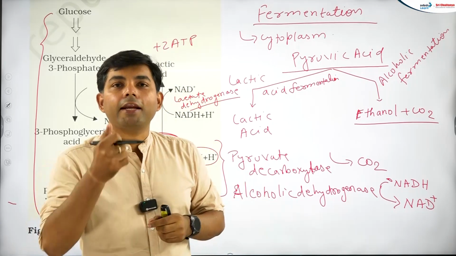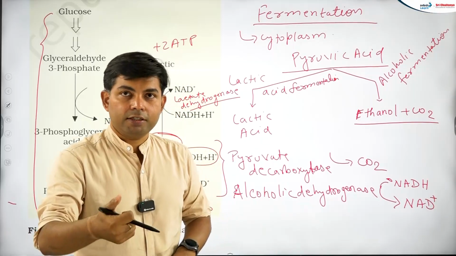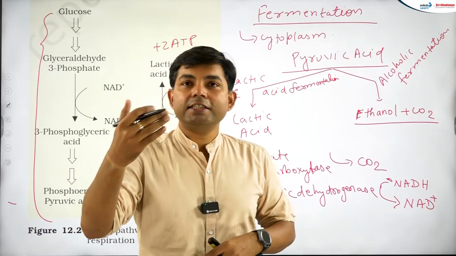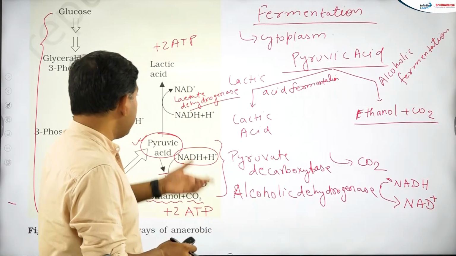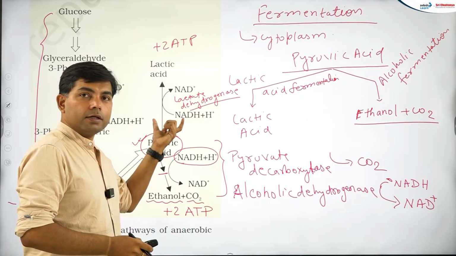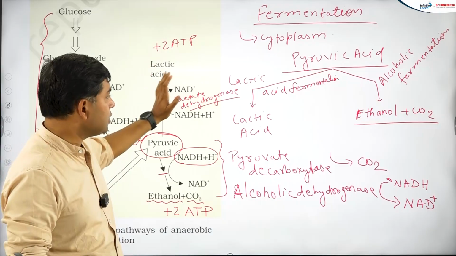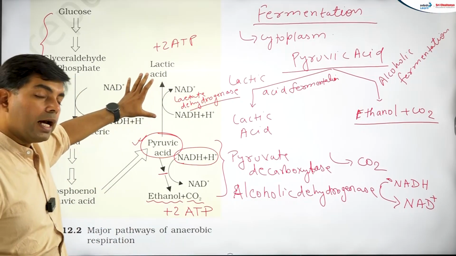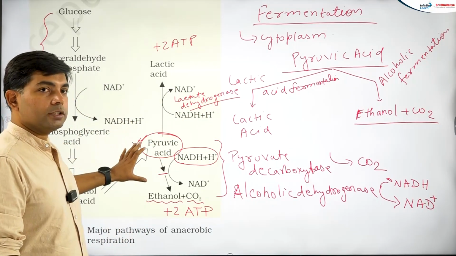That's why the anaerobic pathway is not energy efficient. We will see that in the aerobic pathway 36 ATP is produced, but in anaerobic respiration only 2 ATP is produced. So this is the contrasting difference between aerobic respiration and anaerobic respiration.